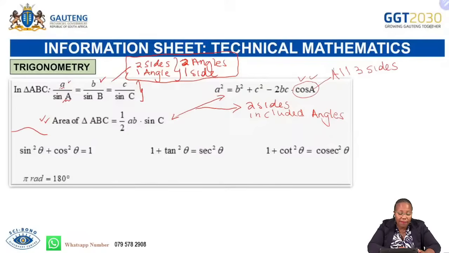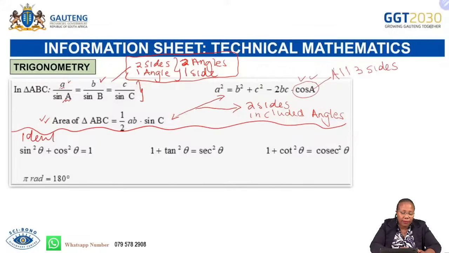Now from this level now, we are having our trig identities, of which the first one is sine squared theta plus cos squared theta equal to 1. You can play around with this one. You can decide to leave a sine squared theta there and you'll end up with 1 minus cos squared theta, transposing cos squared theta to this side.